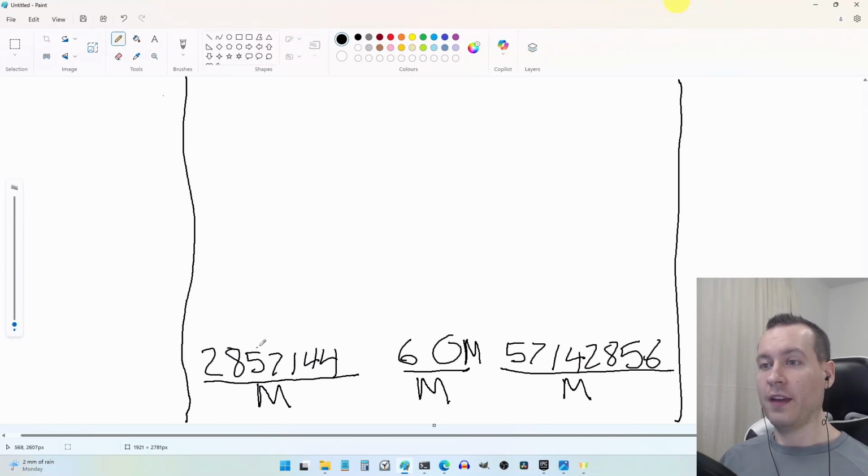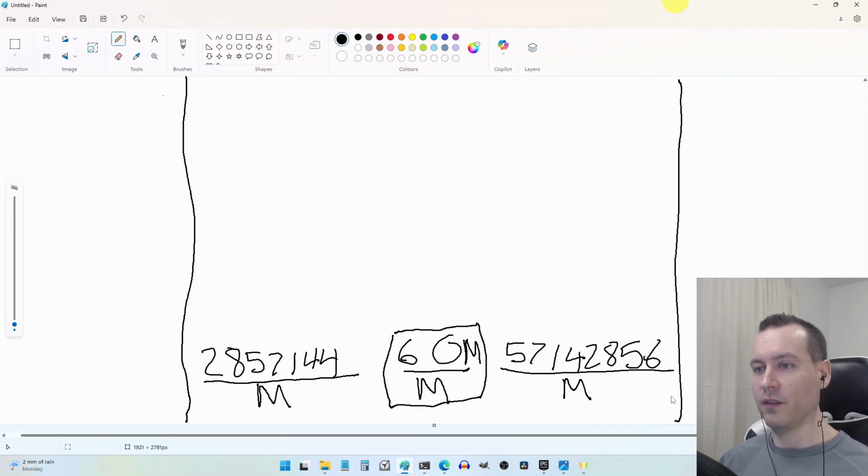Now we have our in value. This is what we have, and this is what we want to go to the right of the splitter, and this is what we want to go to the left of the splitter. So to determine which direction we will split, we will always split to the side with the larger value. So in our previous example, it was going left, right, left, right.